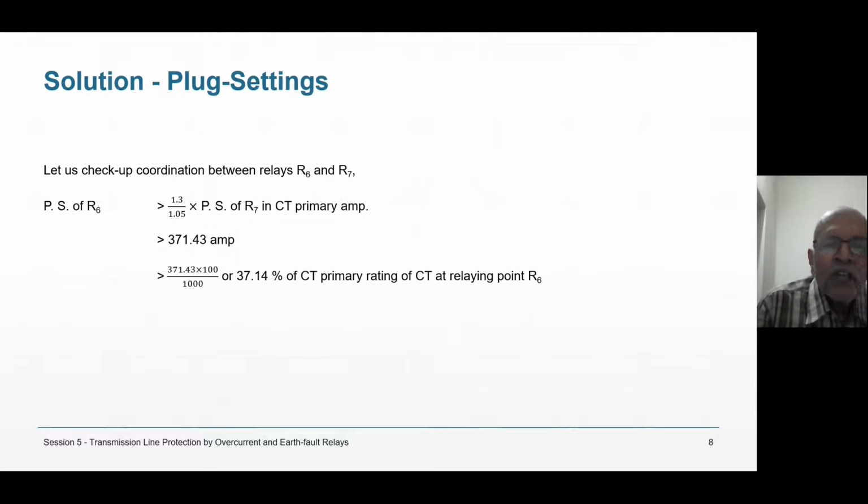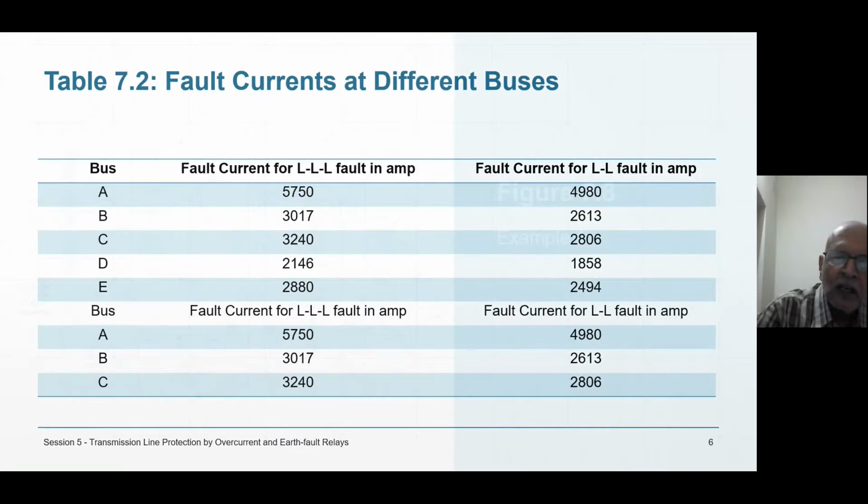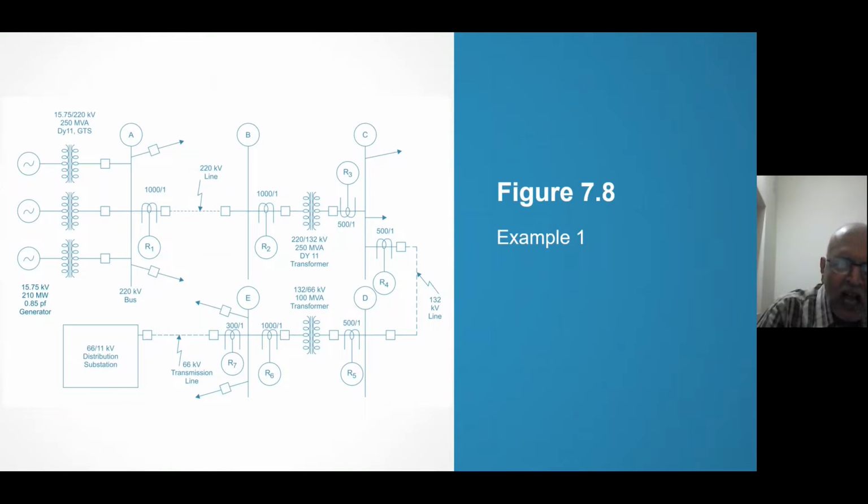Let us check the coordination between R6 and R7. Just for the sake of checking; every now and then this is not necessary, because if you come to know that this is going to be lower, then you need not worry. PS of R7 is 100%, that is 300.